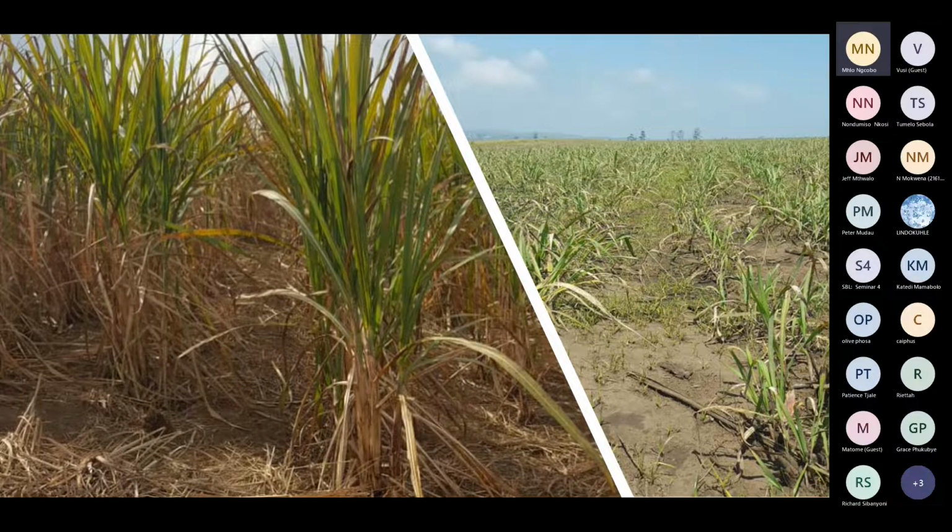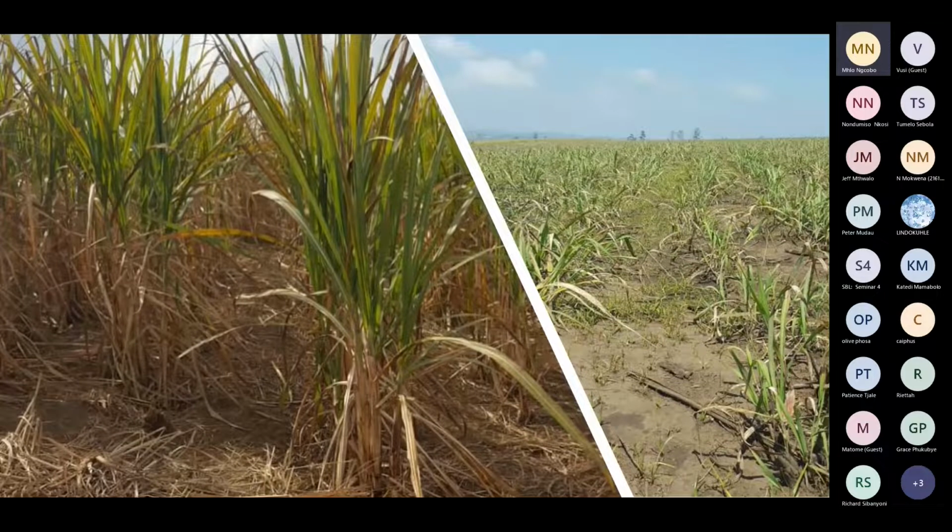Then you have different methods in terms of controlling weeds, where you can spray pre-emergent herbicides and post-emergent herbicides when the weeds have emerged from the soil.